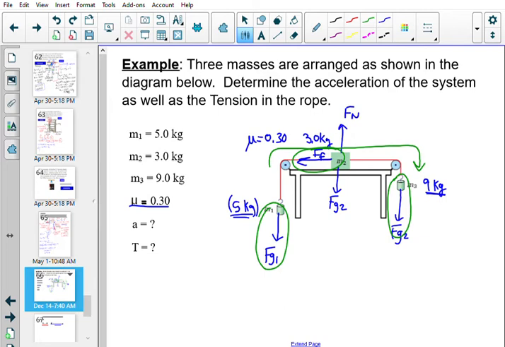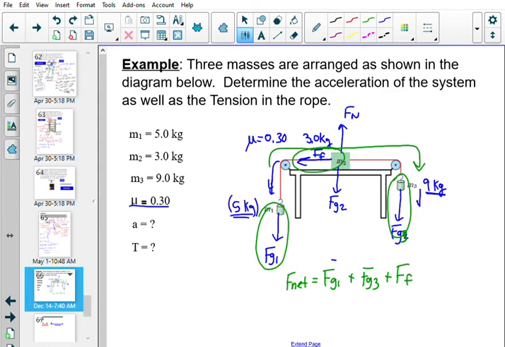So my Fnet formula is going to be Fg1, Fg3 over here (I labeled this as 2 by accident, but it's actually a 3), and FF. And I'm going to label those directions while I'm here. I know Fg1 is going in the opposite direction to that green arrow. It's going downward, so that is a negative force.